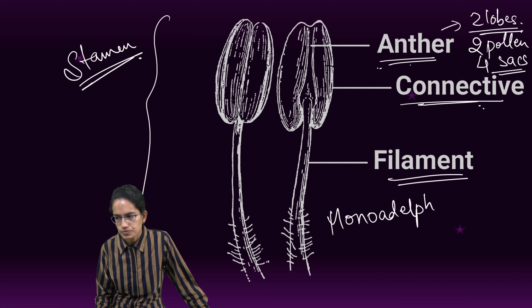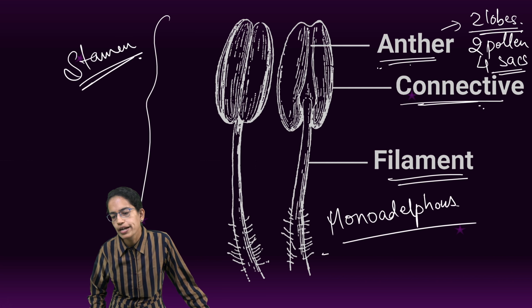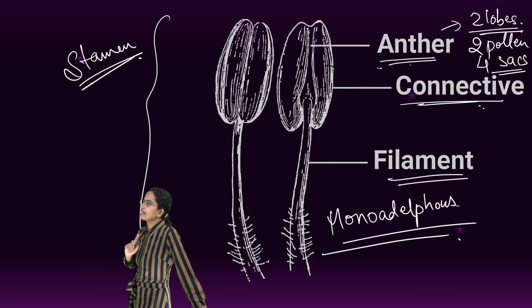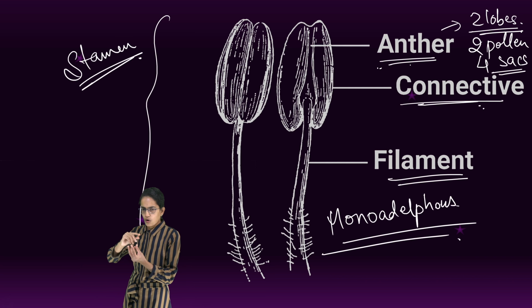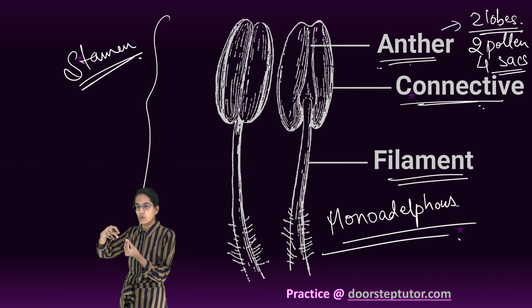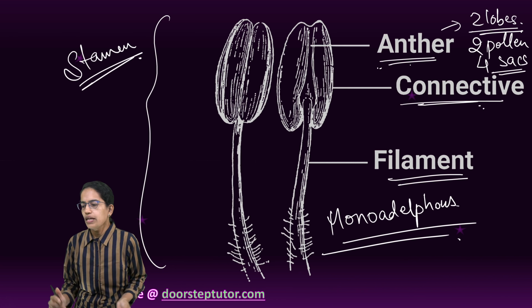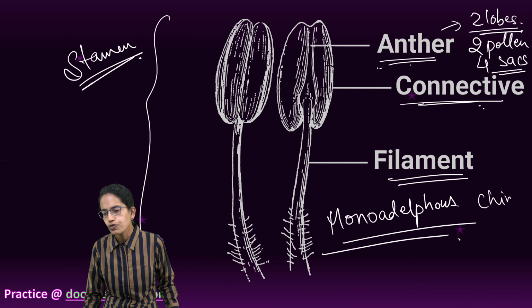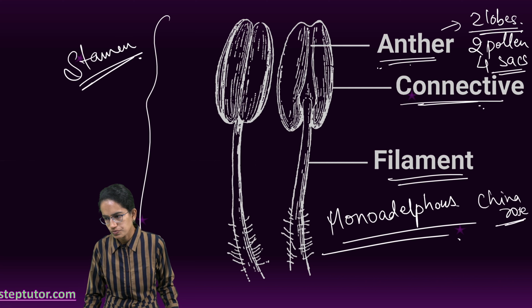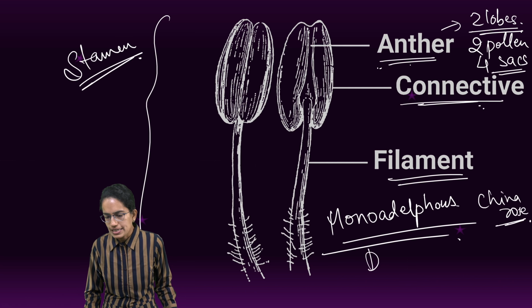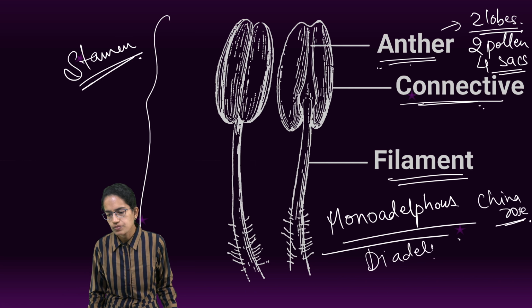Monoadelphous means all the filaments of the third whorl are united to form a single tube. This is an example of China rose. The next is diadelphous.